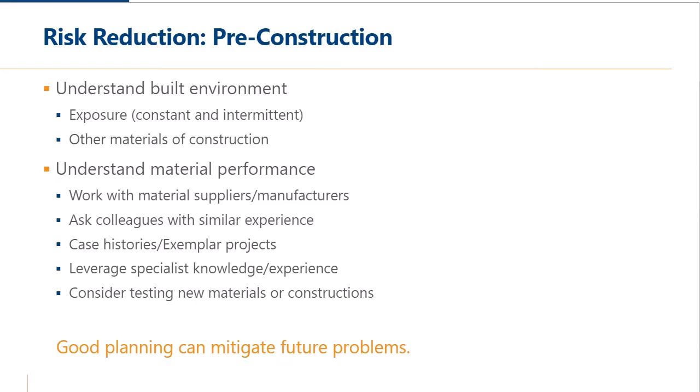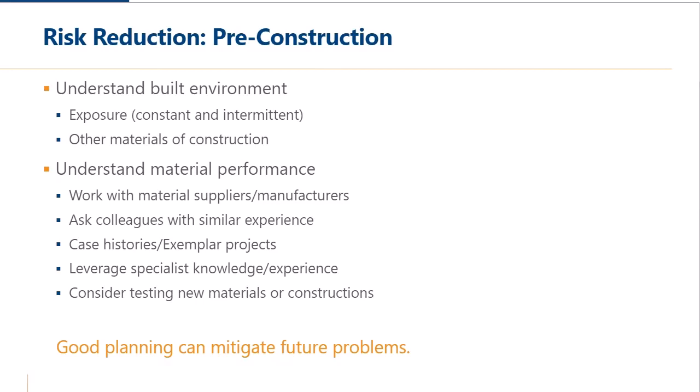Talk to your colleagues that you work with or through professional organizations and see what experiences they have. You may be able to find case histories. A lot of the case histories talk about problems because they're a little more interesting. But contractors and material suppliers will also have exemplar projects where they've had something that's worked well, and that can give you a lot of information.